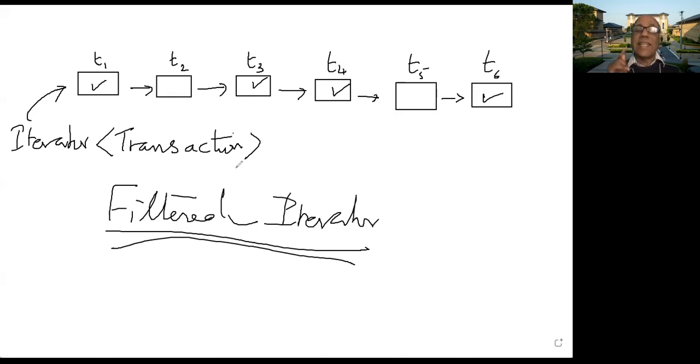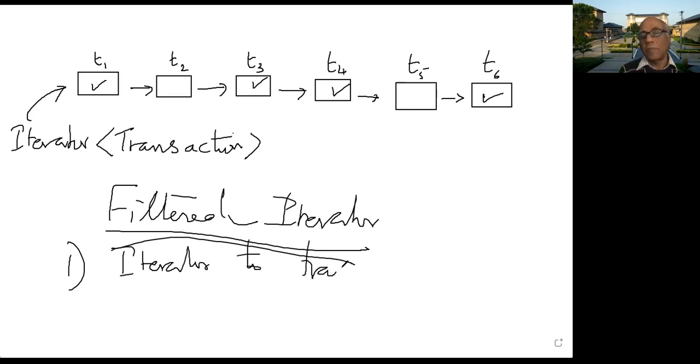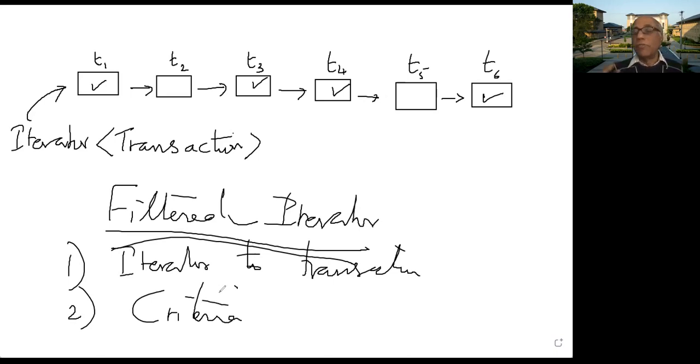And it needs that test. What test do you want to apply for filtering? So this filtered iterator needs, one, the iterator to transactions. The second thing is the criteria. What test should I apply to filter? Those two things must be specified for creating a filtered iterator.